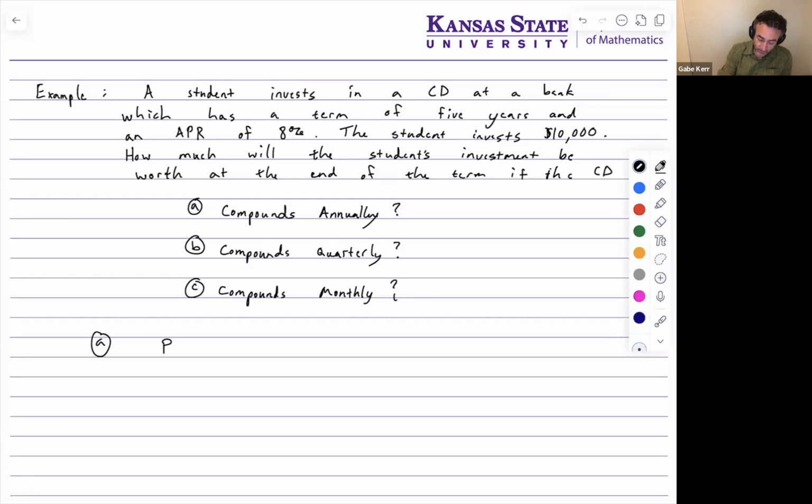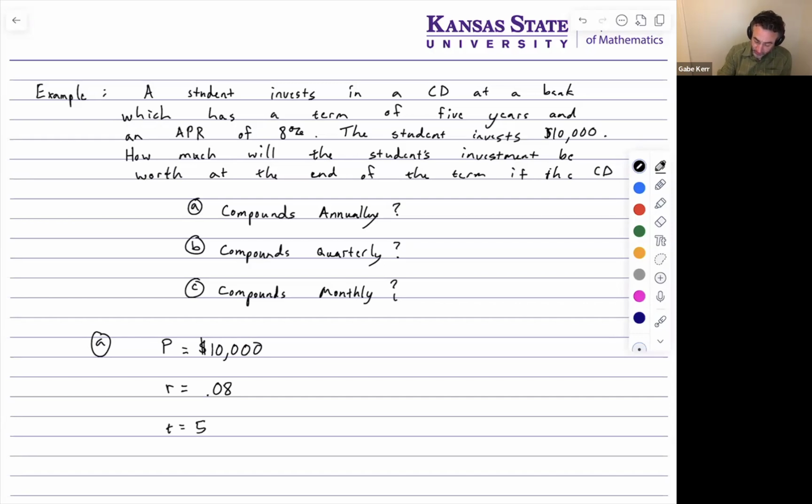But before I write that formula, let's write out what the principal, the rate and the term are. The principal here is $10,000. The rate is 0.08, and the term is 5 years.